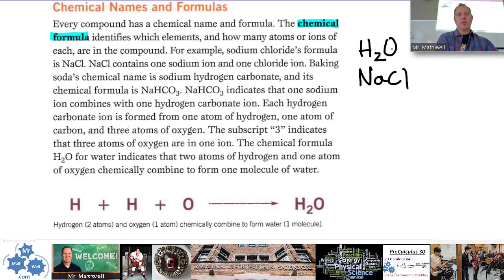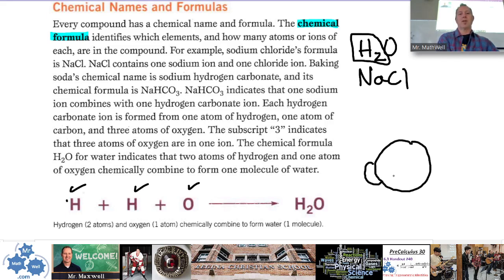Now, there are subscripts here, these little numbers, right? That indicates how many of these elements there are in the compound. So for water, H2O means that there are literally 2 hydrogens and 1 oxygen. Oxygen atoms are much bigger compared to hydrogen atoms, so they would be bonded like this.